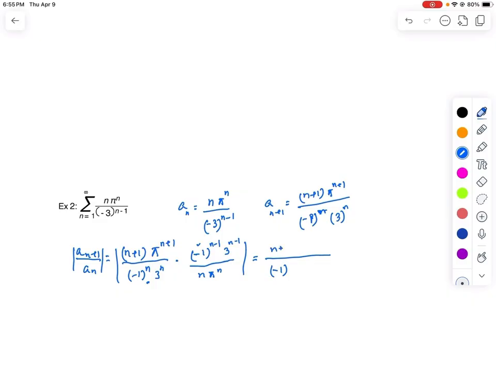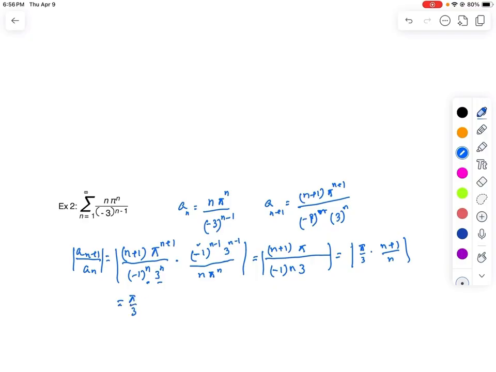What happens with the rest of the terms? We will have n plus 1 at the top and n at the bottom. What happens to the 3? This is 3 to the n over 3 to the n minus 1, so there is just a single 3 at the bottom, and there will be a pi left at the top. Now the negative 1 will go away, so we are left with pi over 3 times n plus 1 over n.